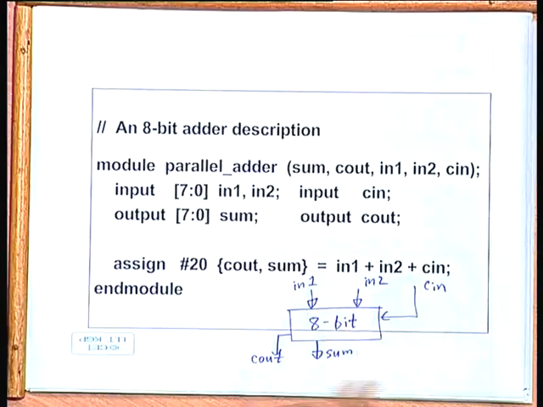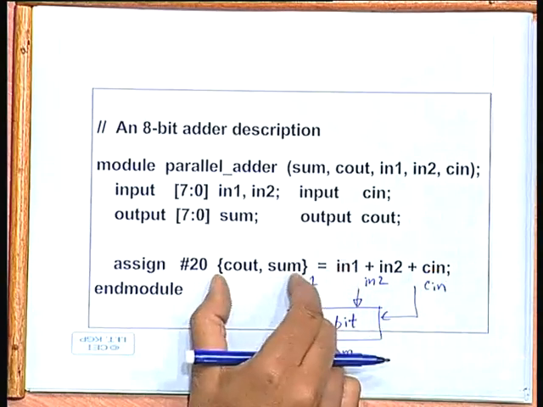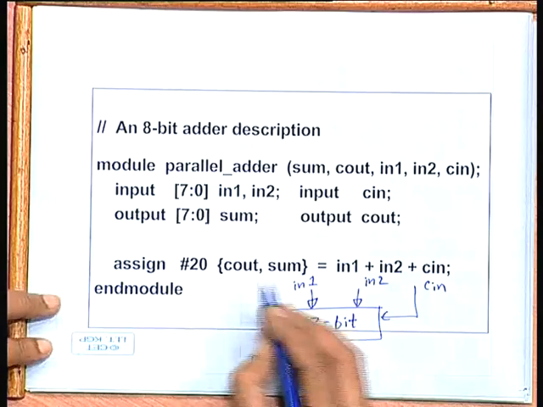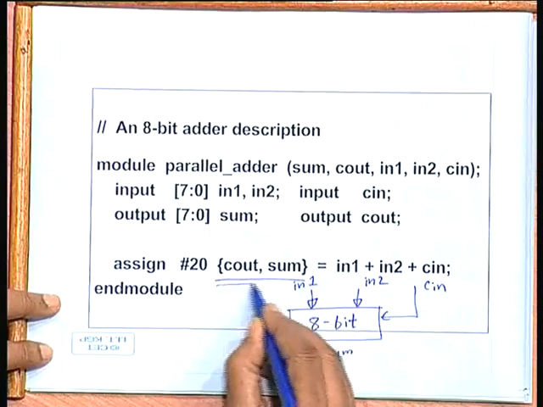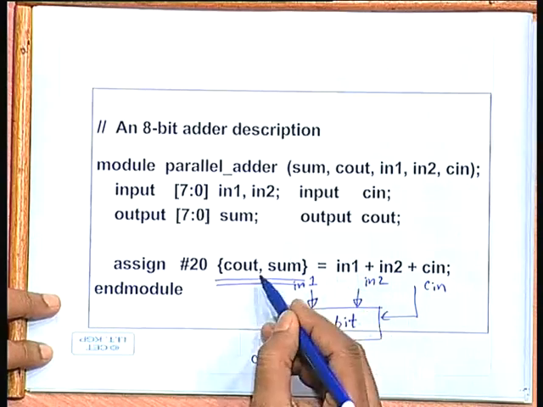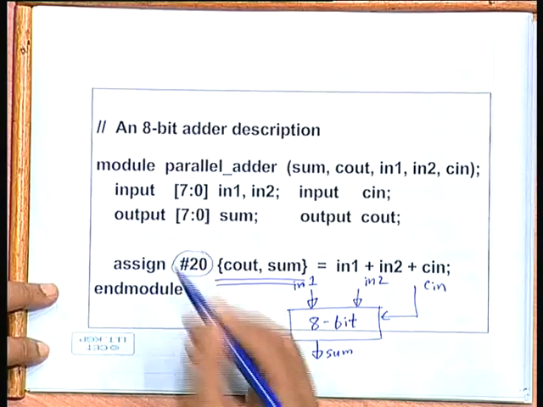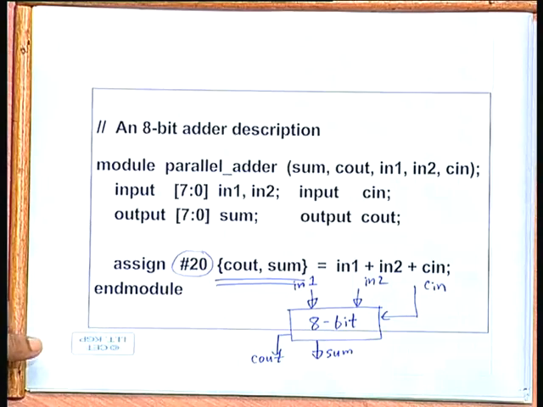And so, the result will be computed in 9 bits and that will be assigned to the combination of C out and sum, this 9-bit combination. Okay. So, this is an example of using concatenation in the assignment in the left hand side, and this is again for the purpose of simulation. You assume that this addition will take 20 units of time, right.